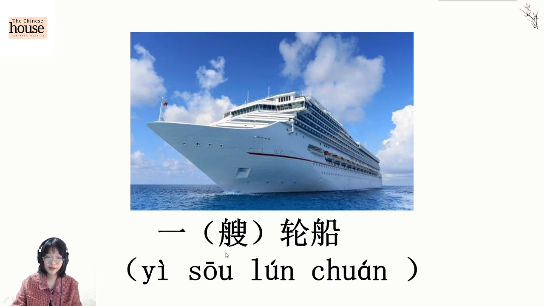Look, for 艘 we have 舟 as part of it too. So you can easily see it's for describing a ship. 一艘船, 一艘轮船. Flat tone.